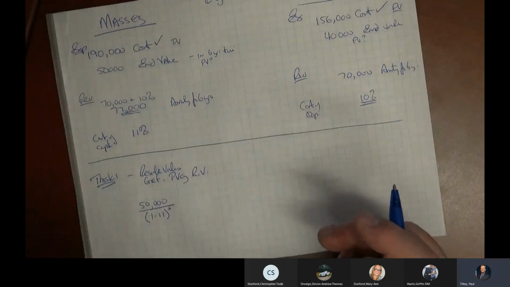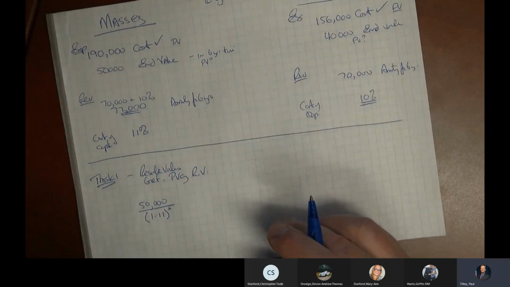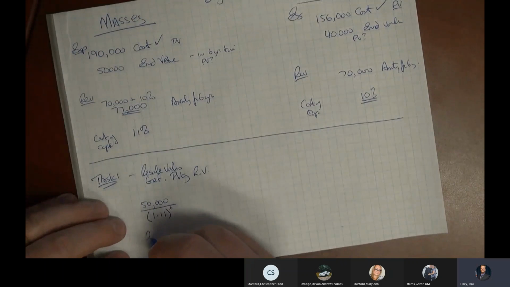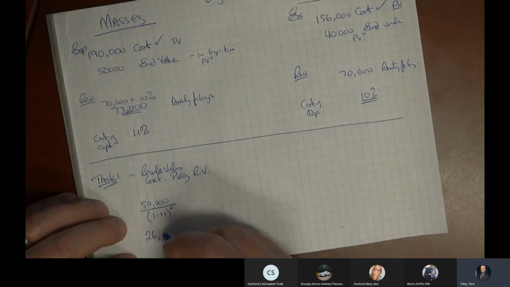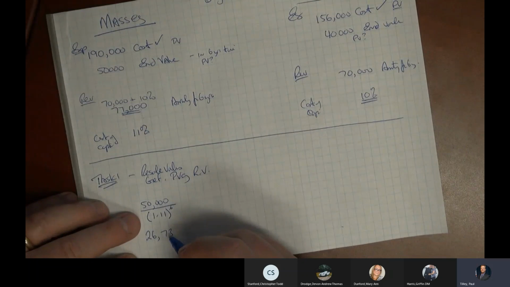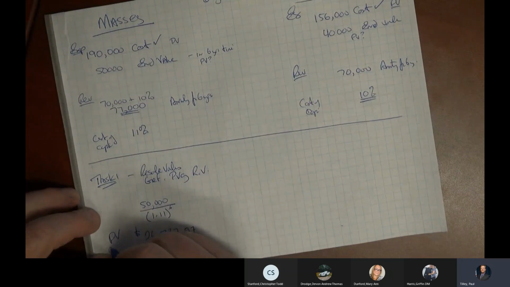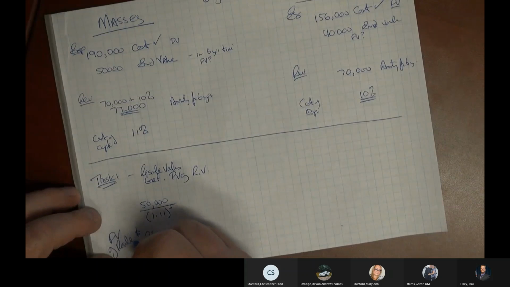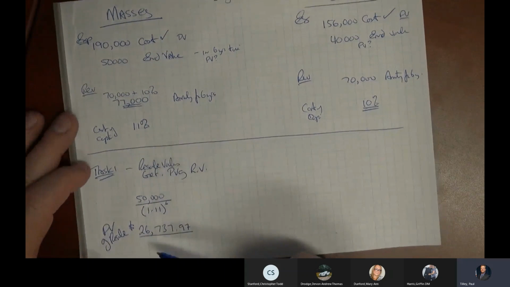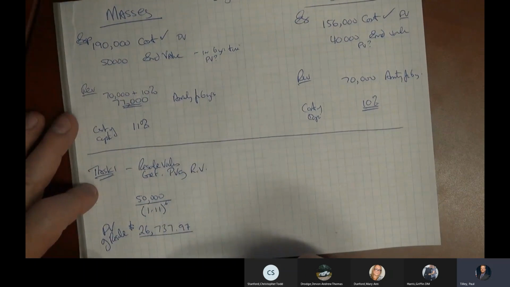So we'll do that, and that comes to 26,000. So in today's dollars, or in present value terms, that $50,000 that we're going to get in 6 years' time is worth $26,737.97. That's the present value of resale for the Massey tractor.